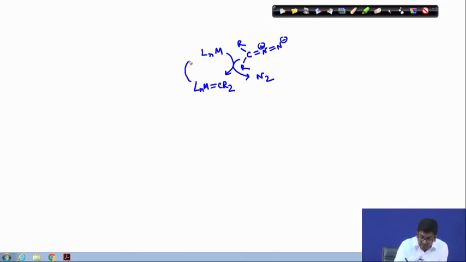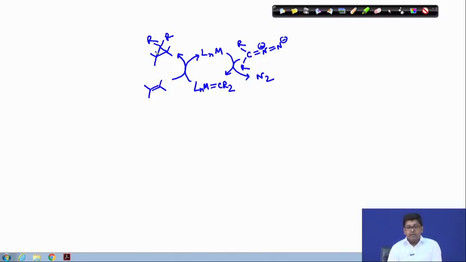Now, this can again go back to here, but obviously the olefin becomes the cyclopropane. So, we have started with this corresponding diazo compound. In presence of a transition metal, it will liberate the nitrogen, it will form the metallocarbene, and the olefin will be converted to its cyclopropane ring.